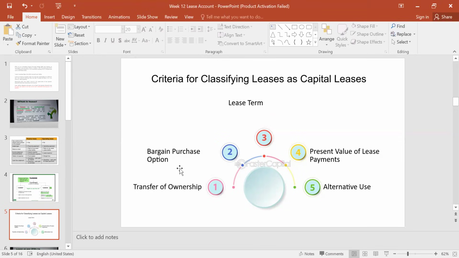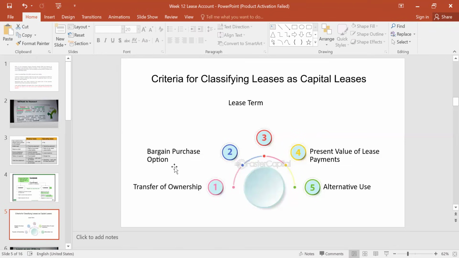Also about leases, IAS 37, it is clearly mentioned. Don't worry, try to read IAS 37 and IFRS 16. They clearly and in detail explain the lease agreement: how, when, and why we contract the lease agreement. Okay. So the first option is bargain purchase option.